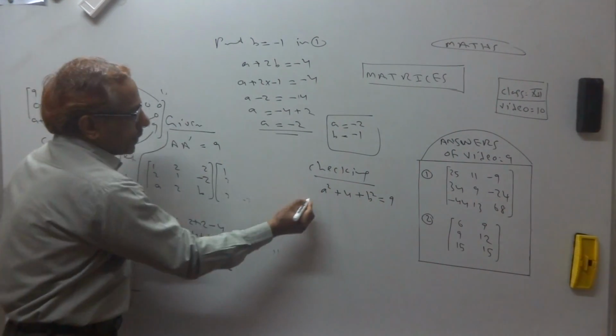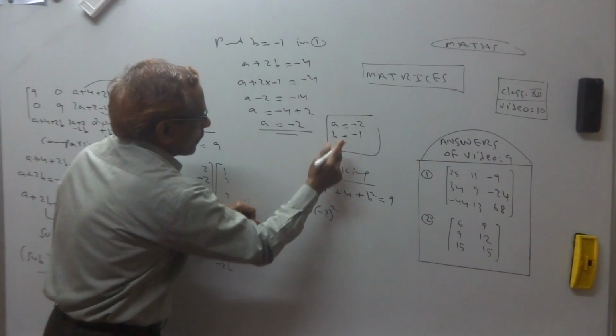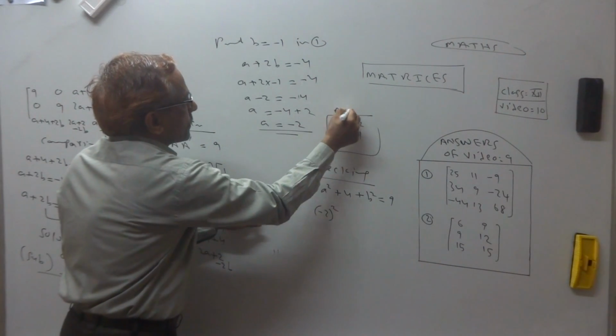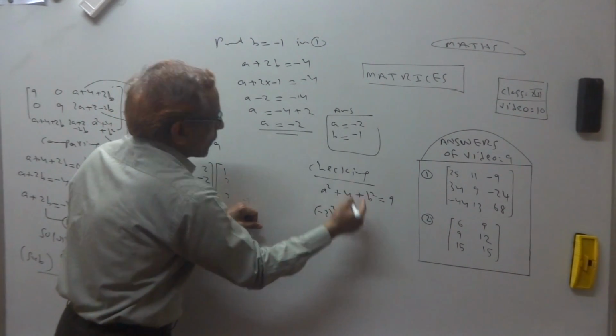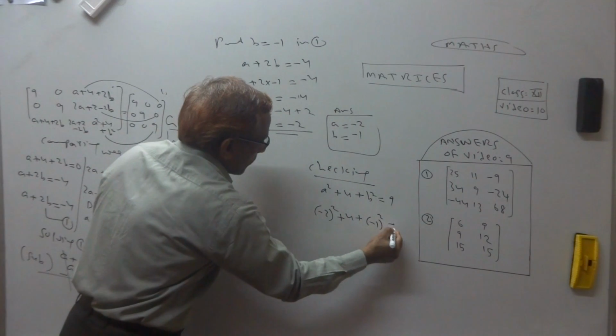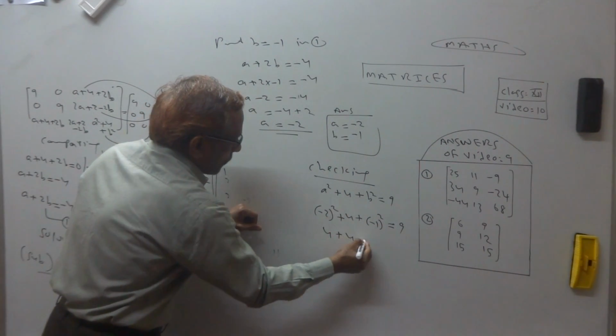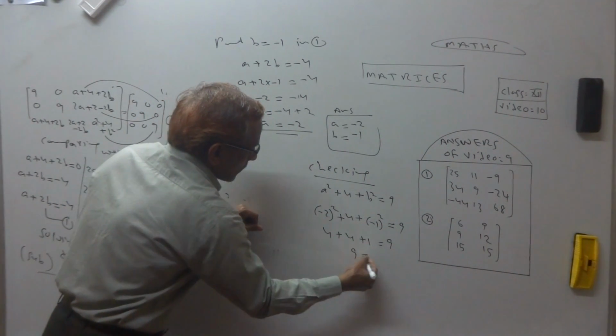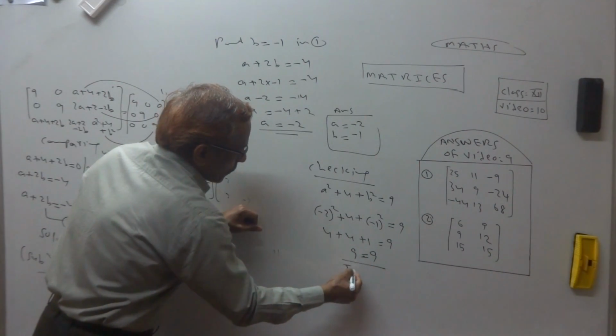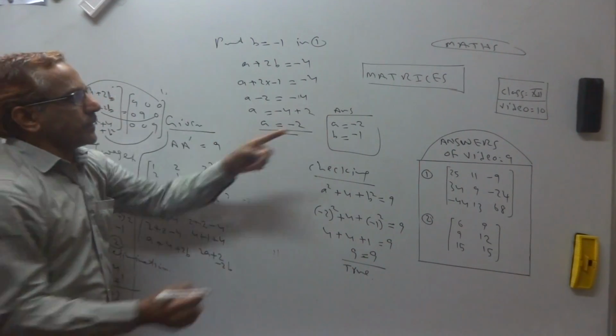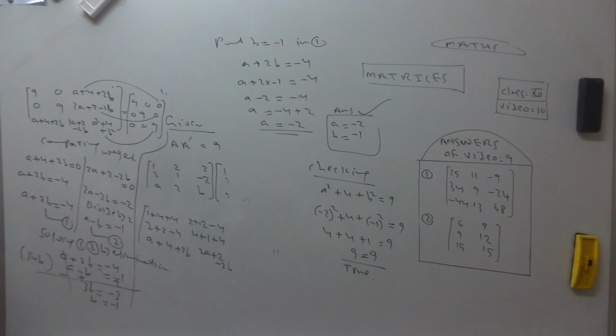You put A value minus 2, plus 4, and B is minus 1. 4 plus 4 plus 1, see, it is correct. Hence this is the answer. So this type of question also comes; this is one extra question from old papers.